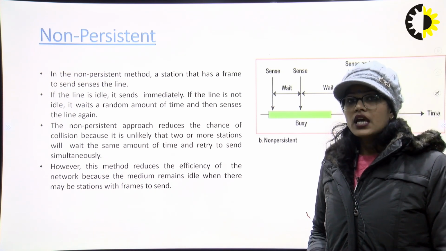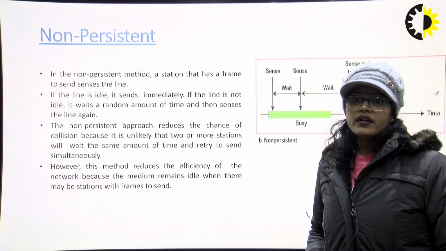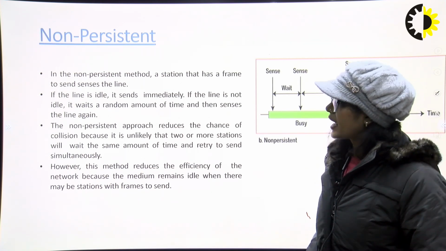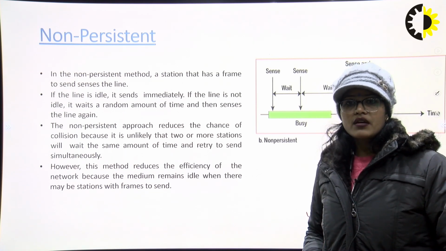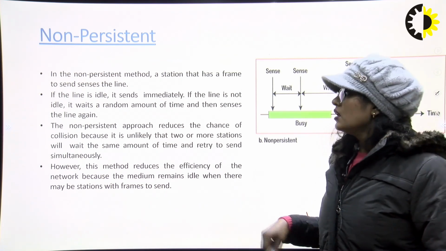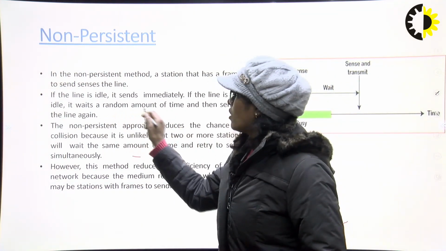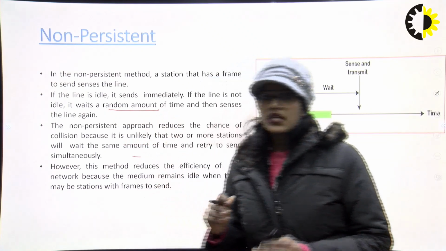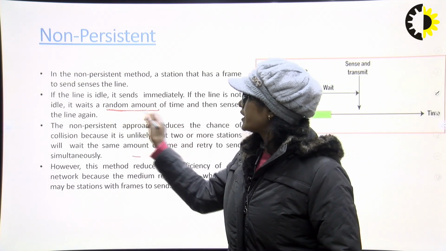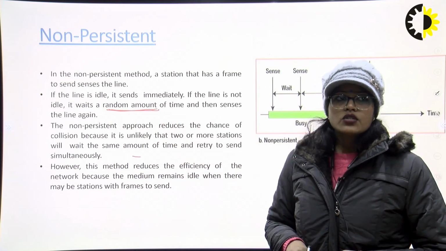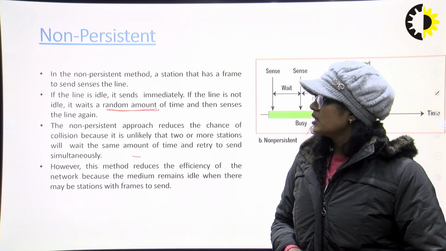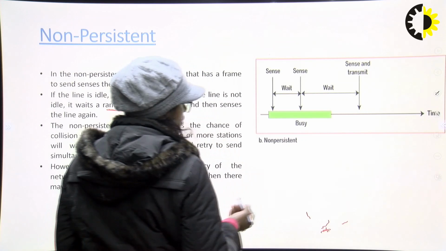In case the line is busy, the device waits for some time, which may be a random time, or you can say after some slots you define, and then attempts transmission again. This is the basic functionality of the non-persistent method. It is just the opposite of the one-persistent method.